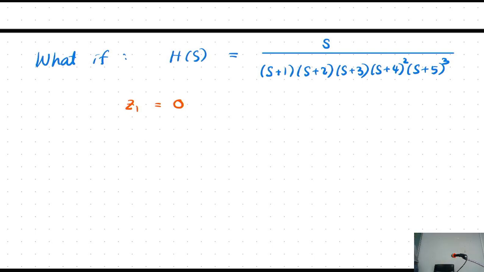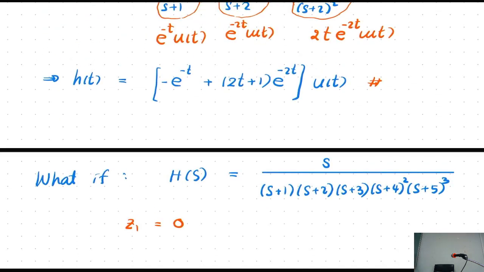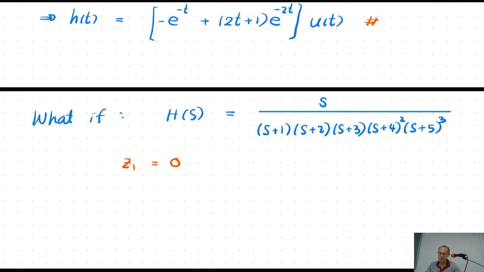I'm counting. 1, 2, 3, 4, 5, 6, 7, 8 poles. So there are 8 poles, right? 8 poles altogether. Okay, P1 is minus 1, P2 is minus 2, and P3 is minus 3.